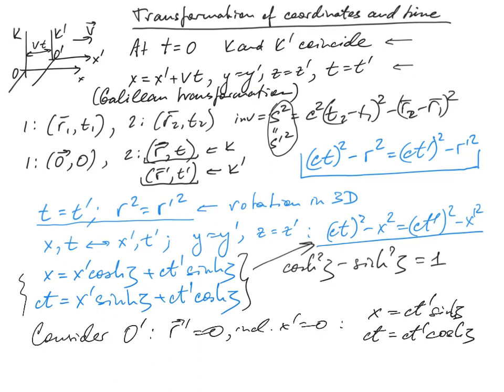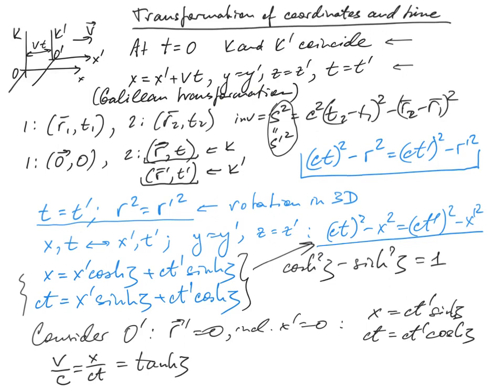Okay? So we can in fact find the velocity of the origin of k prime by taking x over ct. So ct prime cancels. So this becomes the hyperbolic tangent of zeta. Now x over t is the velocity of the origin of k prime with respect to k. So this is v over c.